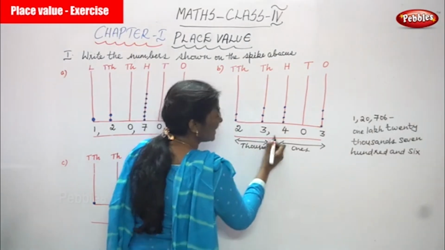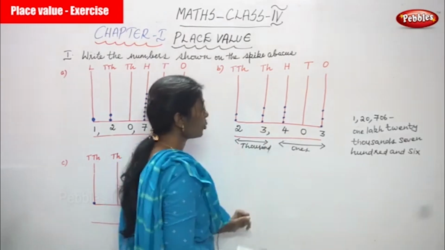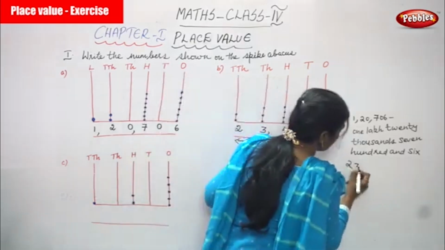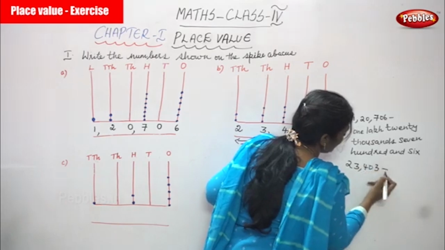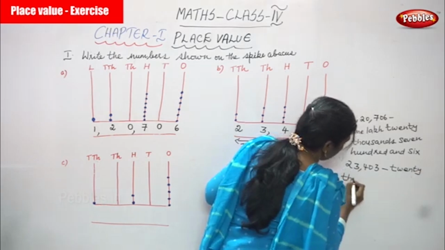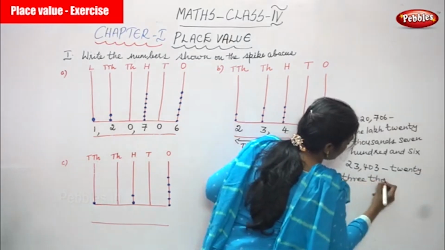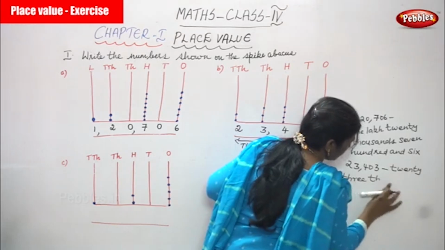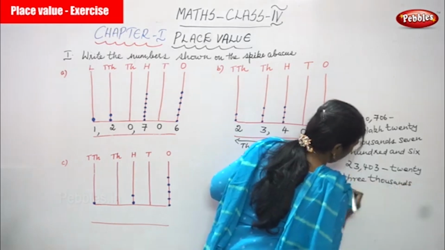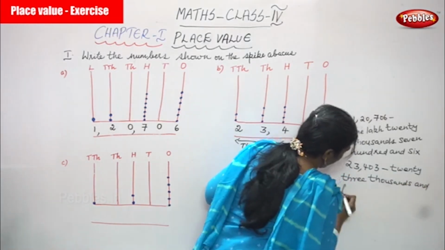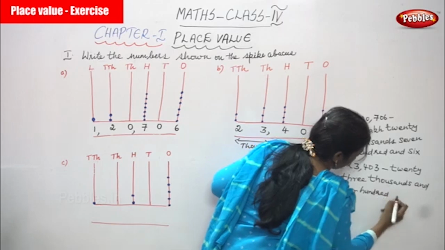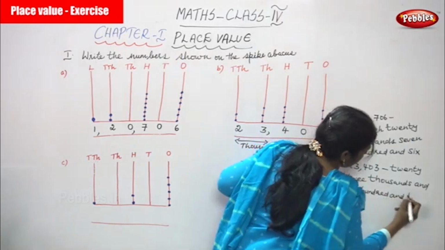So how are we going to write? 23,403. So you have to read 23,403. While you start writing, this is a number name. 23,000 and 403.